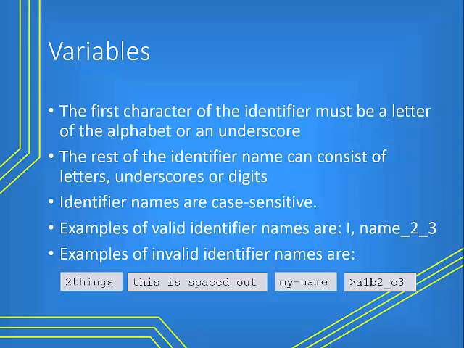Identifier names are case sensitive. For example, myname and myName are not the same. Note the lowercase n in the former and the uppercase N in the latter. Examples of valid identifier names are i and __my_name__2_3. Here's some examples of invalid identifier names.